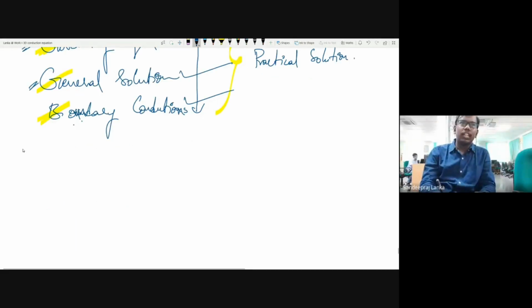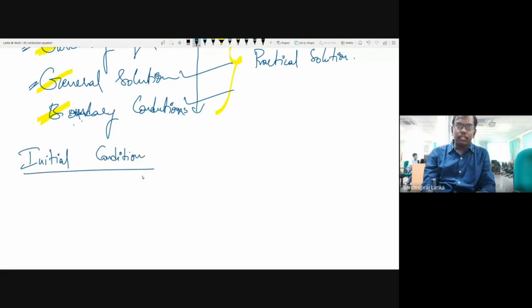Along with this, we should see what is called the initial condition. Okay, initial condition is a special type of boundary condition which can be used for transient problems.